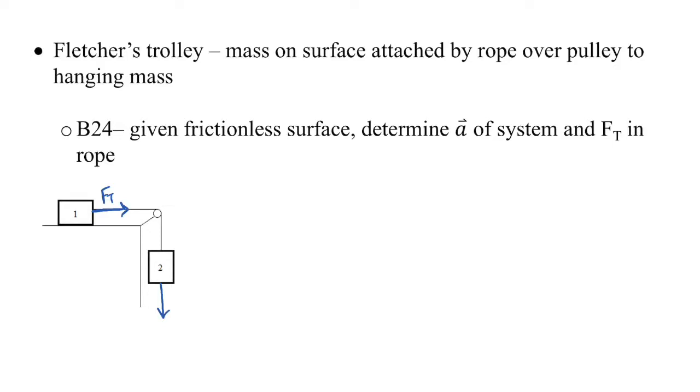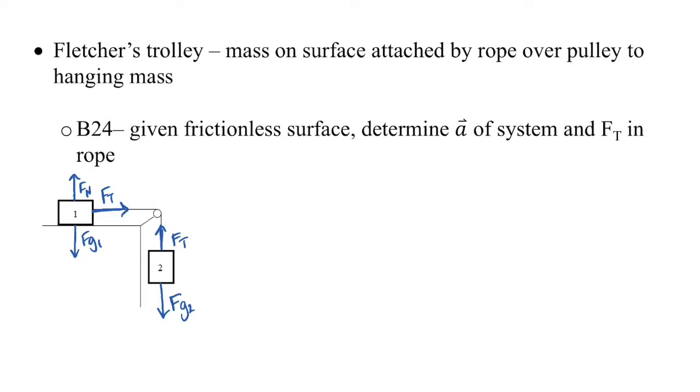Then on this one, I have normal force going upwards and force of gravity, specifically force of gravity for mass 1, going downwards. When I look at mass 2, that's the one that's actually pulling it downwards. So of course, force of gravity for mass 2 is going downwards, but force of tension is still pulling it upwards a little bit. So my force of tension is upwards here.